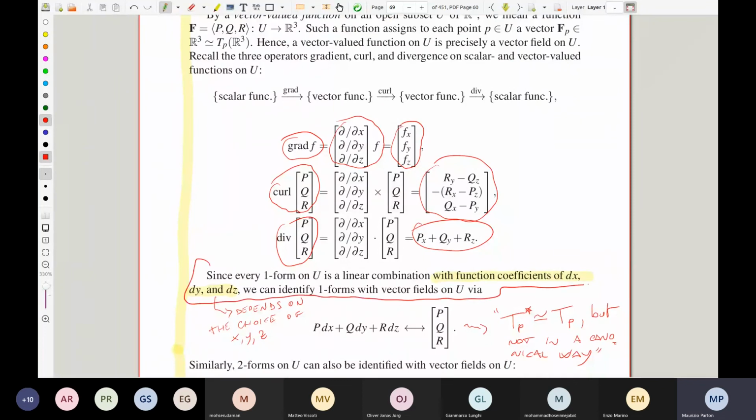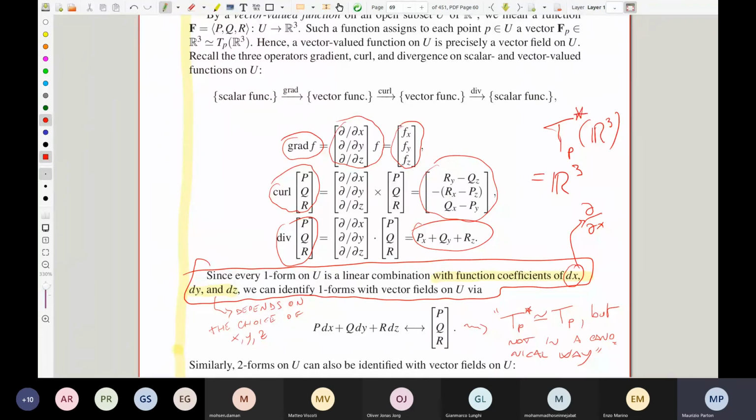Look at this sentence. Every one-form is a linear combination of dx, dy, dz. Since this is the dual basis with respect to the partial derivatives, when you make the identification that the tangent space at a point of R3 is equal to R3, you understand that this identification is the same for the cotangent space.